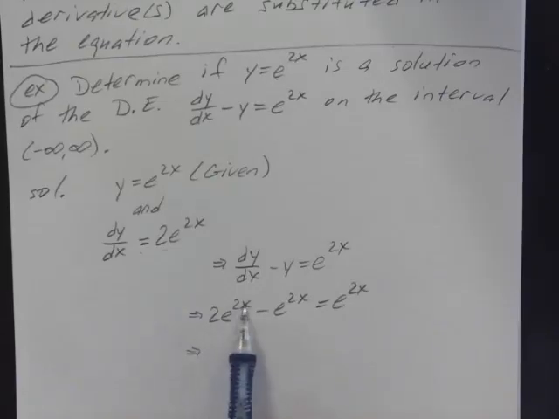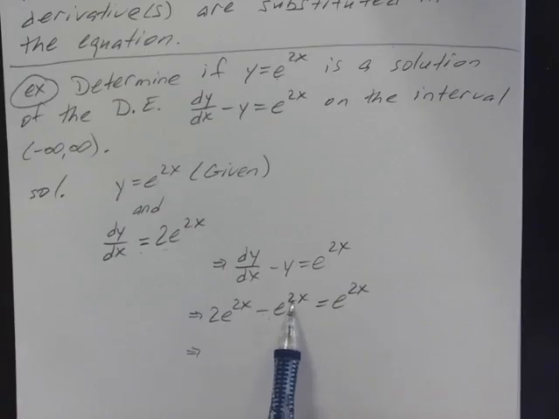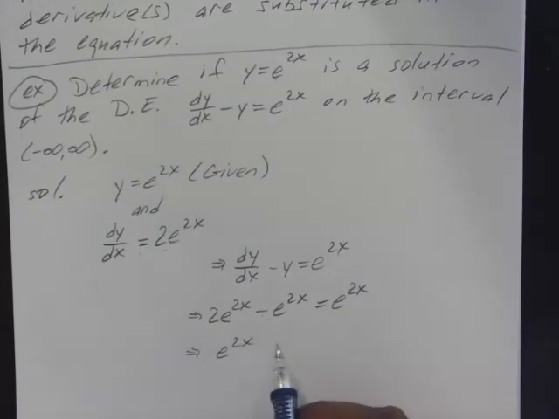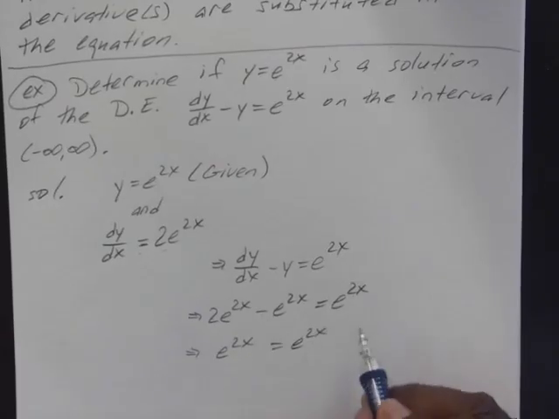So 2 times e to the power of 2x minus, and you can think of it as 1 times e to the power of 2x. 2 minus 1 is just 1, so it's e to the power of 2x is equal to e to the power of 2x, which is true.